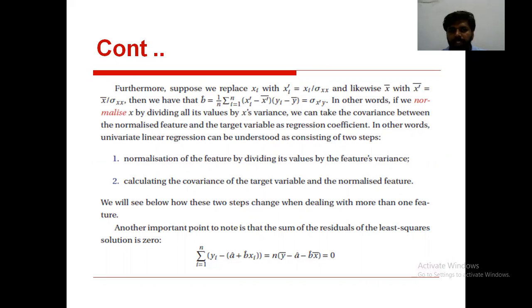The first step is normalization of the feature by dividing its value by the feature variance. In the second step, we calculate the covariance of the target variable and the normalized features. These are the 2 important steps we performed in univariate linear regression, right?